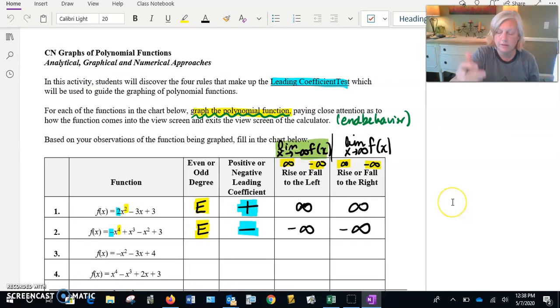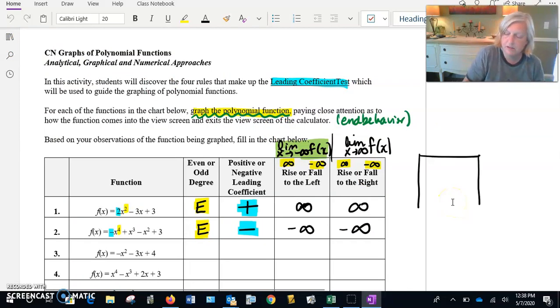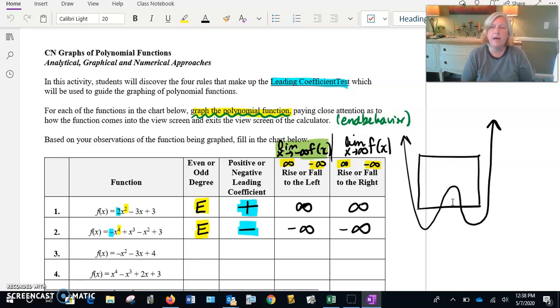All right, so suppose I have a calculator window, and in that calculator window, maybe I see this right here. Notice that the actual end behavior of the function is both going up to infinity, both the left and the right.